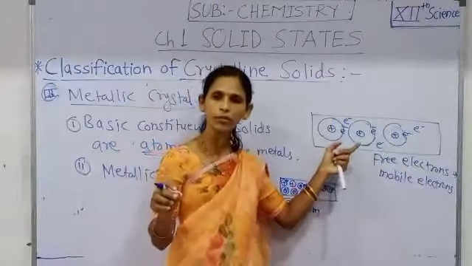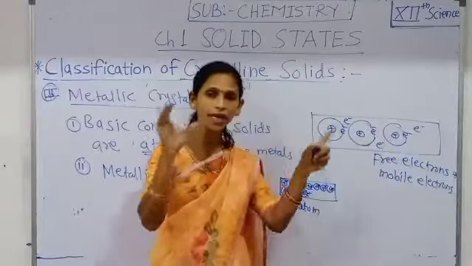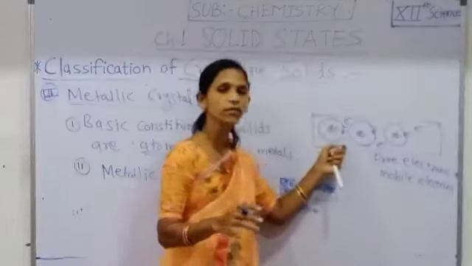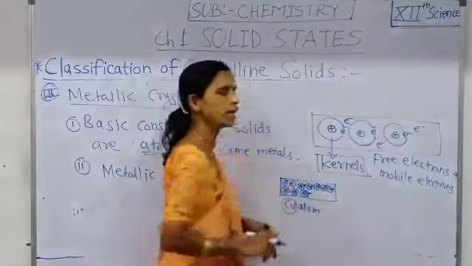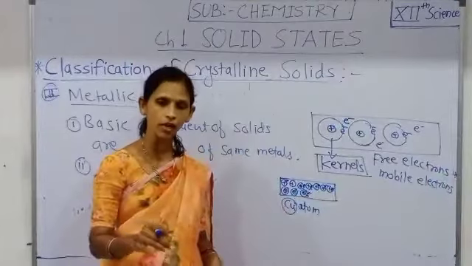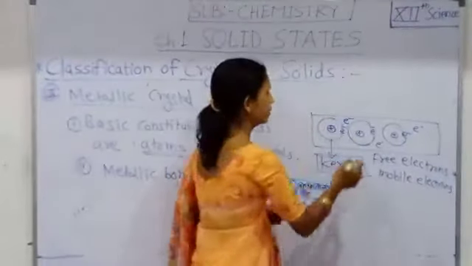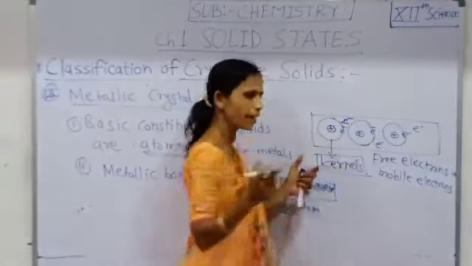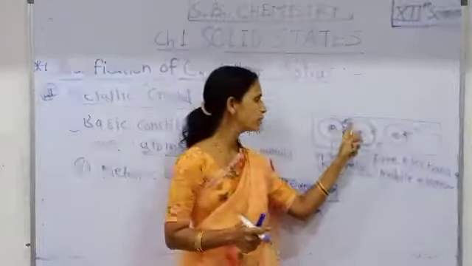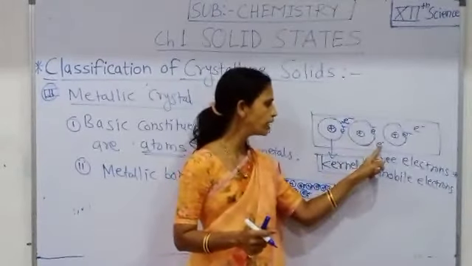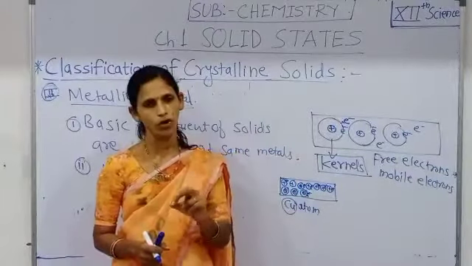In solid metal, these delocalized electrons are present throughout the entire crystal, and the positively charged particles of metal atoms are called kernels. The attraction, the bonding between the free or mobile electrons and the kernels is called a metallic bond.